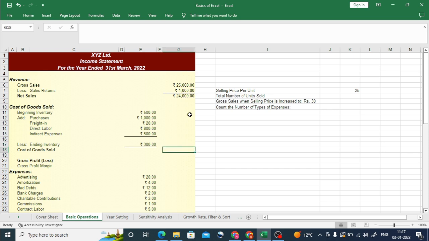So how exactly are we going to do that? First of all, put an equal to sign, select the first piece of data which is beginning inventory, then add.